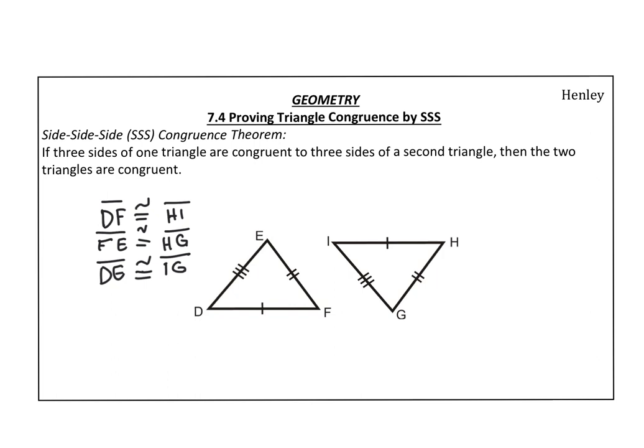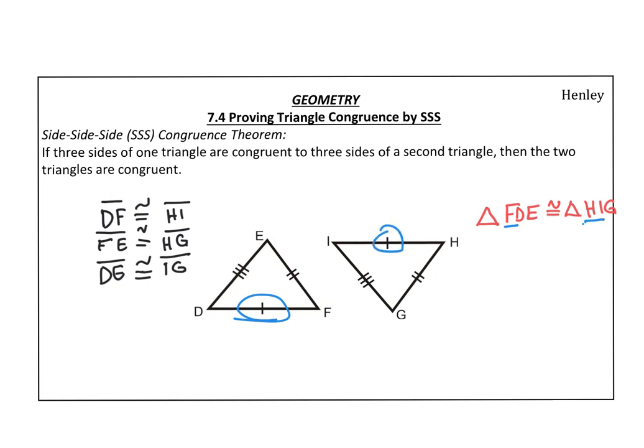This tells us that triangle FDE is congruent to triangle HIG. If you'll notice, right here, I have side DF here and side HI here are congruent to each other.